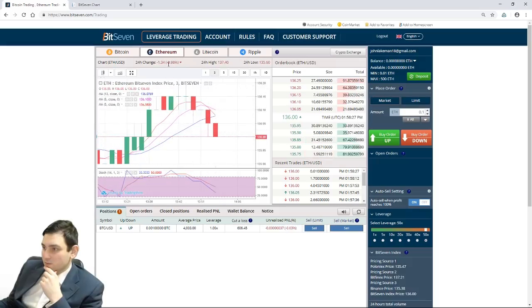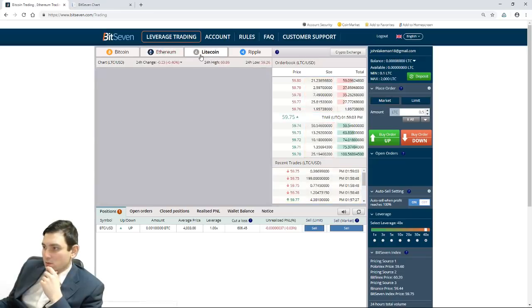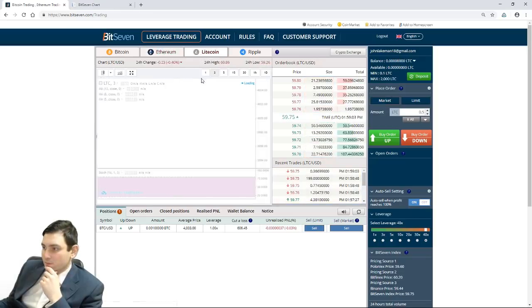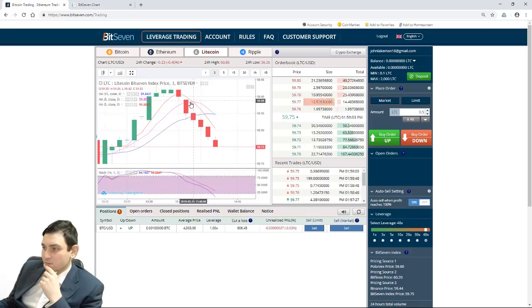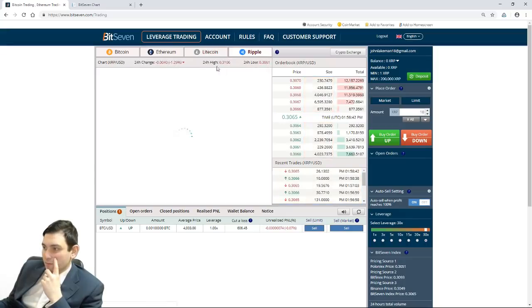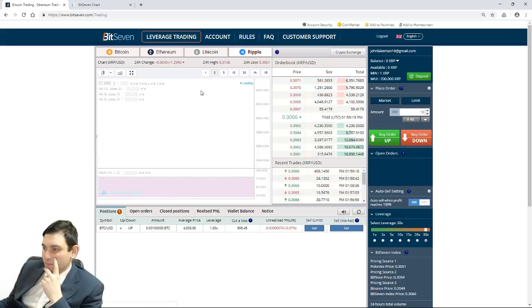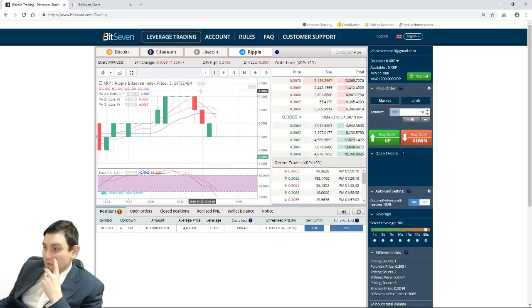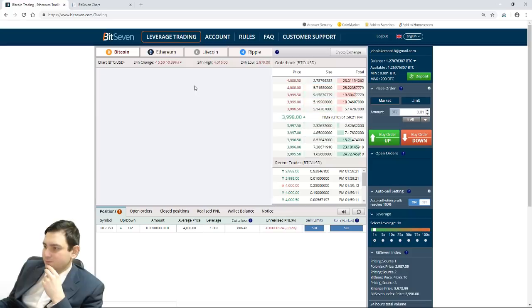Downward. Litecoin. And Ripple. Well, Ripple is less correlated to Bitcoin.